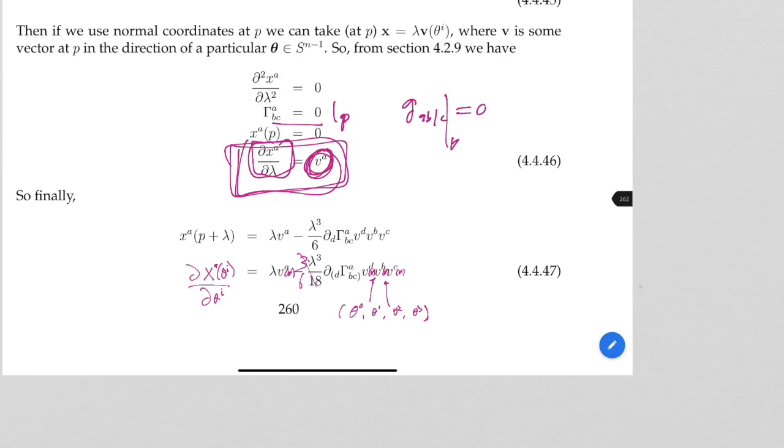That is the tangent vector of the geodesic given x^A of λ. That geodesic, partial λ, that is the definition of the tangent vector at P, right? This is all at P.